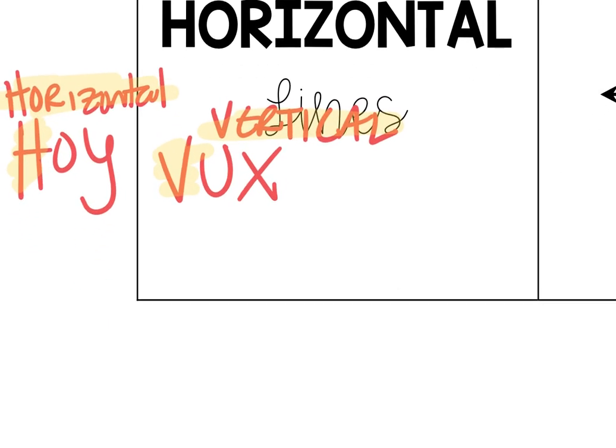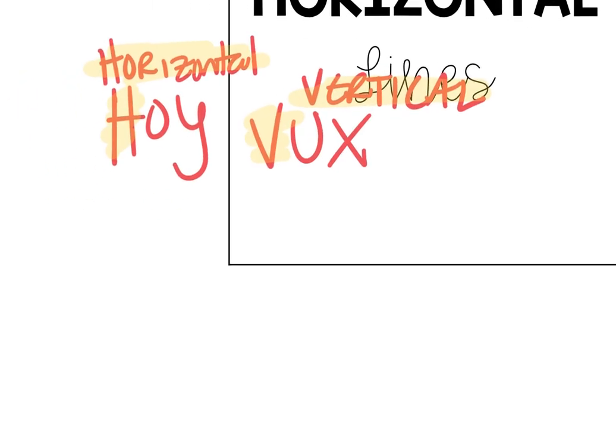Now, on the very front page of your notes, by the way, we talked about horizontal and vertical lines, and we talked about the slopes of horizontal and vertical lines. What's the slope of a horizontal line? Flip back over if you don't remember. Horizontal is this one. What's the slope of this line? Oh, 0.